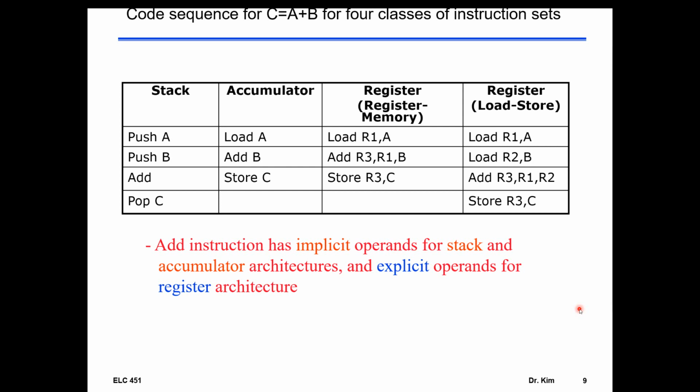So the question is, why do the most popular and faster processors use a register load-store approach instead of an accumulator or a register-memory one? That is because simplicity translates to speed during implementation. You would be able to implement a register load-store architecture at a higher speed than, let's say, a register-memory or an accumulator.